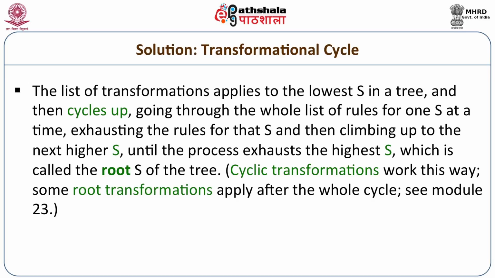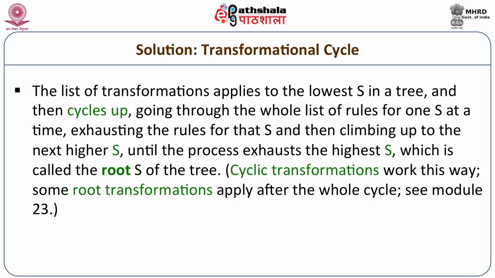For the purposes of our discussion here, we are assuming that S, or sentence, is the only cyclic node, that you're going to cycle through the sentences. As we indicated in our preceding module, for some purposes the term cycle applies only to sentences. For other purposes, you need to be more accurate and say all S's and some NP's are cycles.